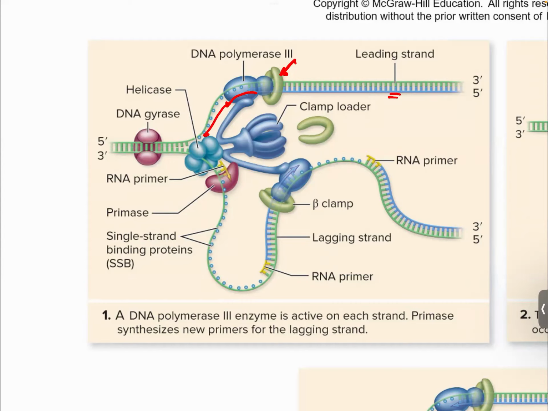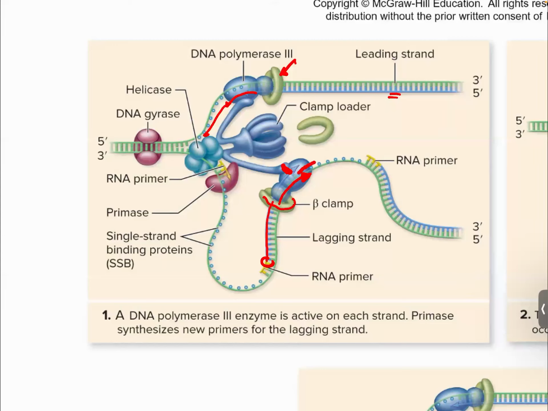On the challenging one, the lagging strand, let's see what's happening there. First of all, you have DNA pol III, which is right here, attached to the clamp loader, and you have an assembled beta clamp, which is sliding that pol III in its direction of production. You can see you've already filled in a lot of DNA here.